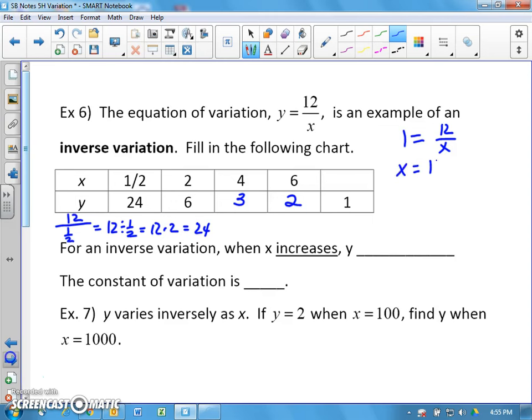So that's going to give me x is equal to 12. So when I look at this, what I'm noticing for inverse variation is that when x increases, my y decreases. They're going to go in opposite directions. The constant of variation is still k, and in this case it's that number on top, so it's going to be 12.